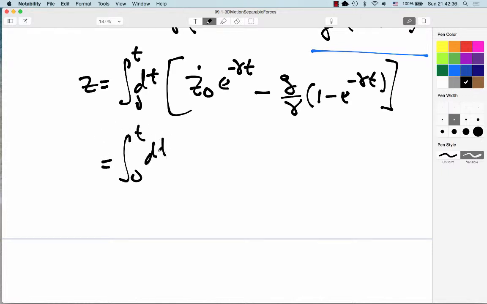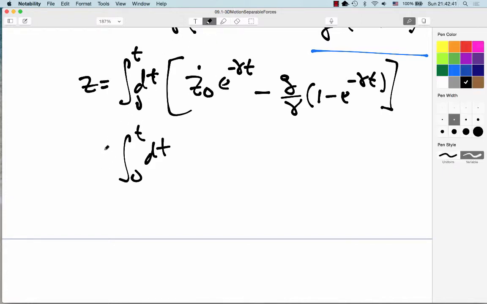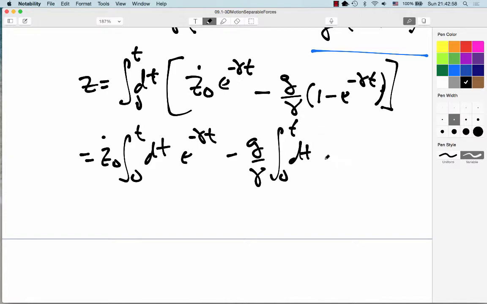0 to t dt. We can pull the z naught dot out of e to the minus gamma t, then minus g over gamma, oops, sorry, yeah, times integral 0 to t dt, then plus g over gamma integral 0 to t dt of e to the minus gamma t.